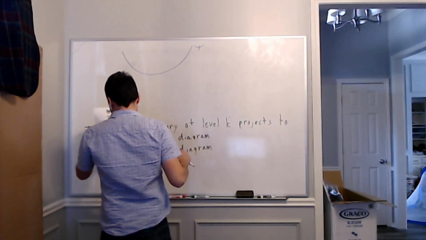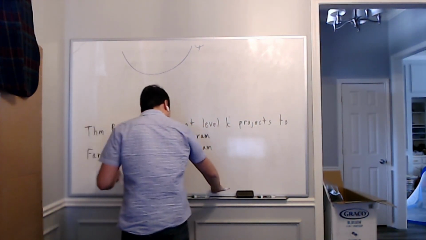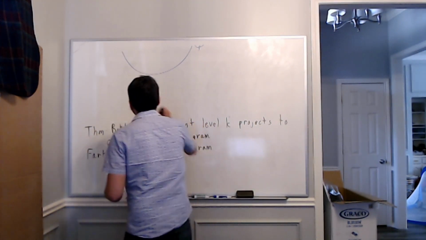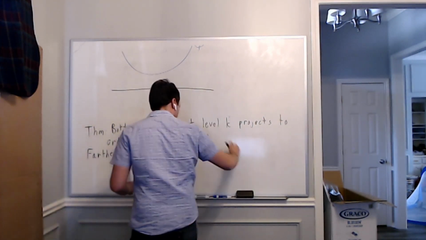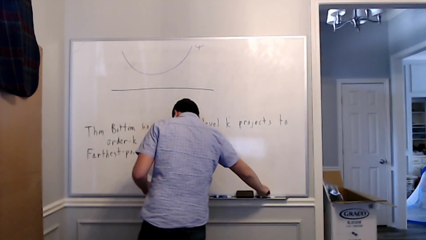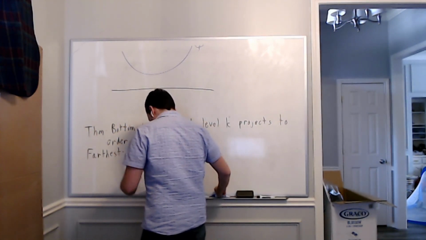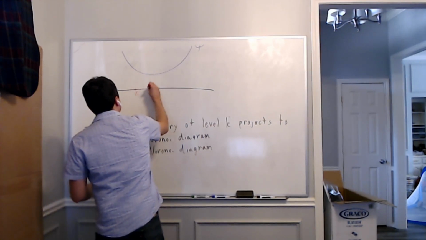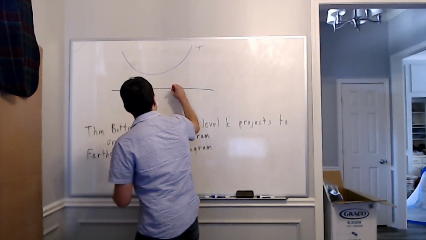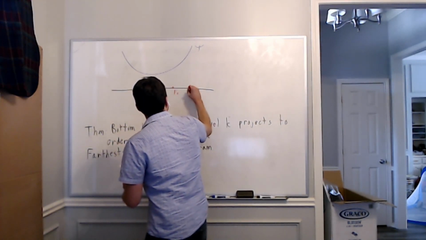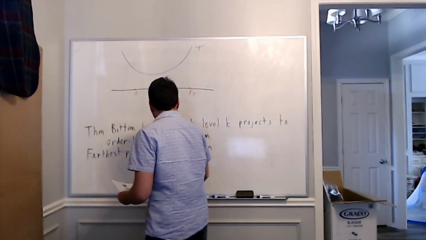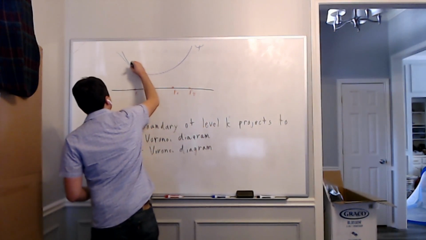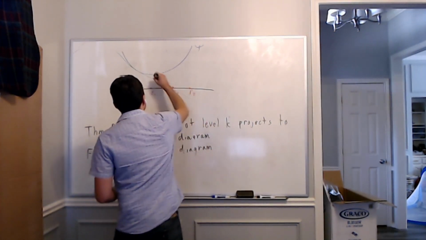And let's say I have, here's my plane. And I have these sites, P1, P2, P3, P4. And I have my tangent planes.